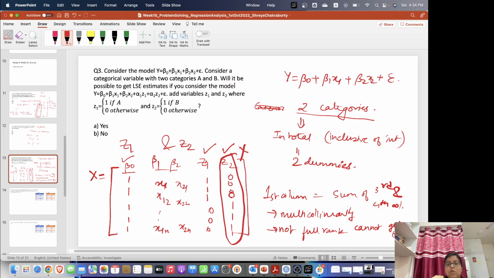So will it be possible to get LSE estimates if you consider both the dummy variables? The answer is no. The short answer is that there are two categories, so including the intercept, only one extra dummy variable can be incorporated, and the reason why we have to do that is this one.